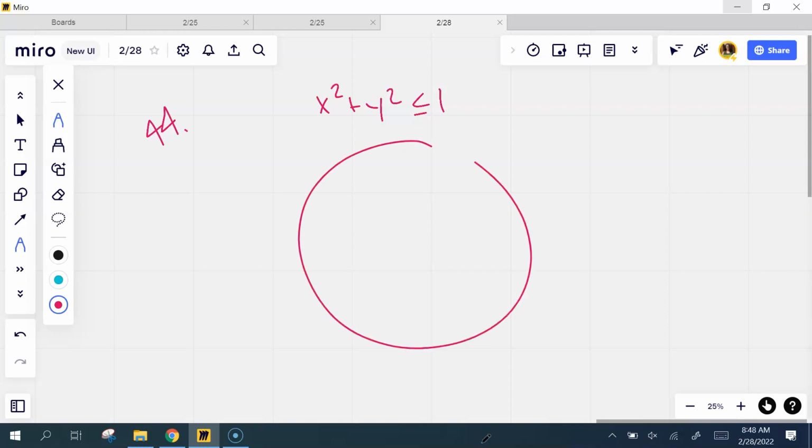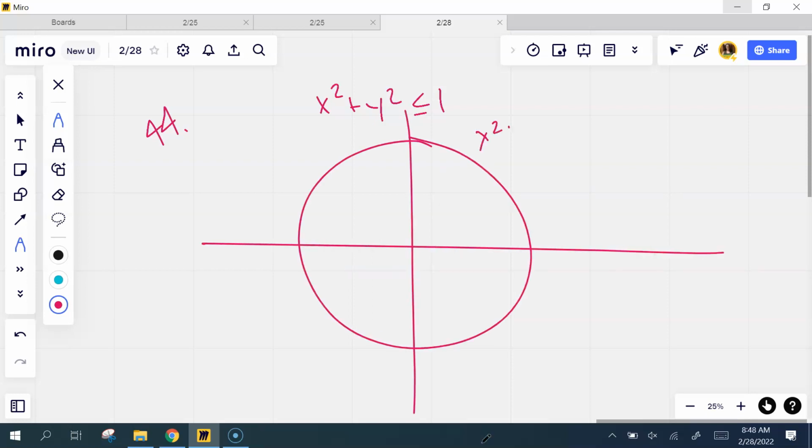So this is x squared plus y squared equals 1. I've got an isosceles right triangle, and it says one leg in the disk.